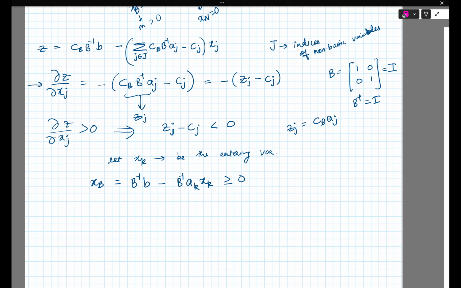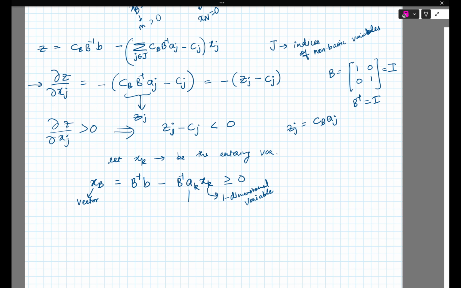One thing you may want to see is this is a vector and this is a scalar. So this is one dimensional variable.